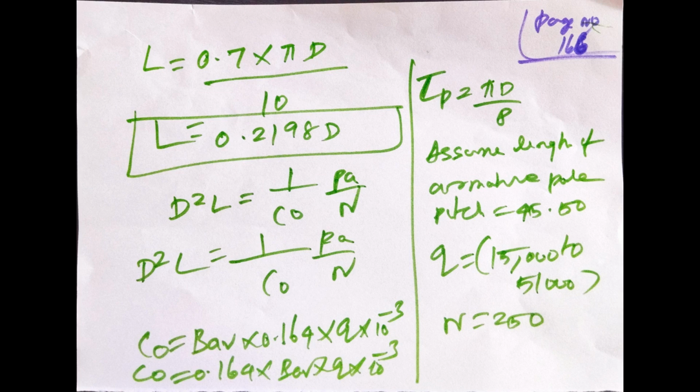Tau P is equal to pi D divided by P. Assume the ratio of length of armature to pole pitch greater than 6 poles is 45.50. I gave the tabular column of pole values in the previous class. Small q is equal to 50,000 to 51,000. N is the given value, 250.